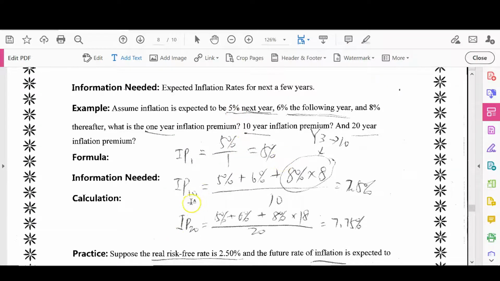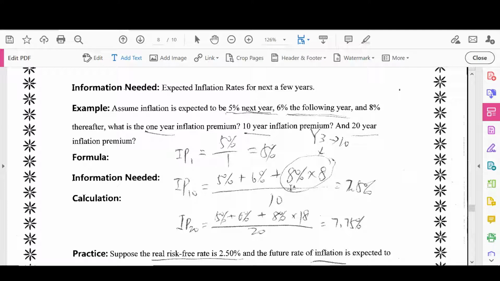If we want the inflation premium for 10 years, we use the inflation rate for the first year, 5%, plus the second year, 6%, plus the third year, 8%, and also add all the inflation rates from the third year to the 10th year.